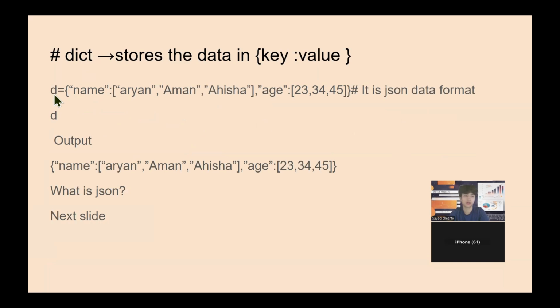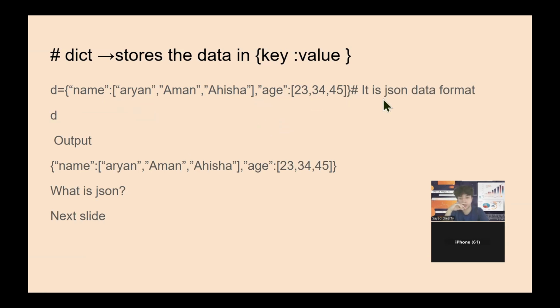So let's put a container D equals curly braces, name, and in the same way, curly braces, Aryan, Aman, Aisha, and we end it with a brace, and age is 23, 34, 45.